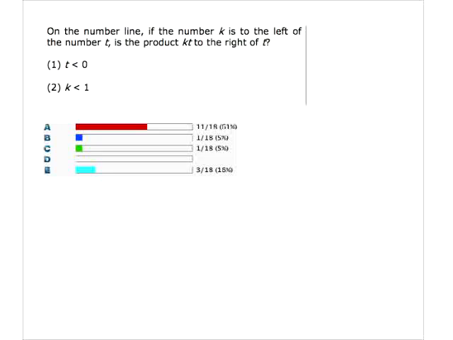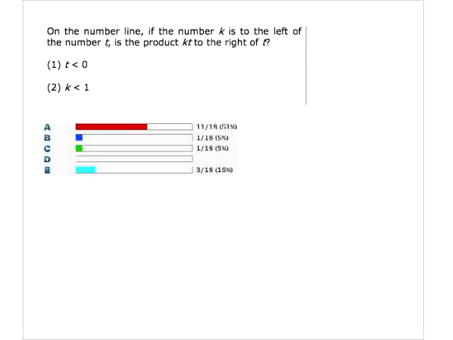Okay. So the story here is this. If K is to the left of T, is the product KT to the right of T? That's a good point, although you'll see some of them fall into other categories, but this one definitely does. Does anybody know what this means?